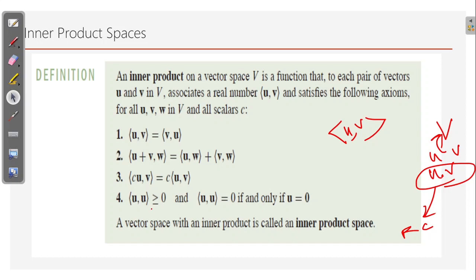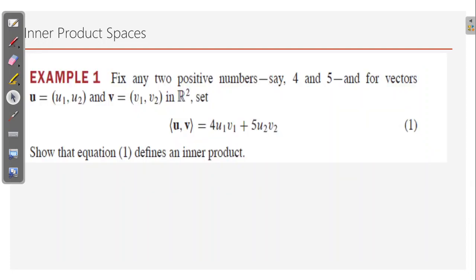If the inner product satisfies these axioms, then such a vector space with this inner product is called an inner product space. That's the definition of inner product. We will get clarity with this example, example 1.